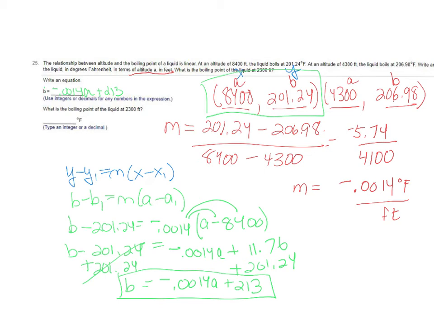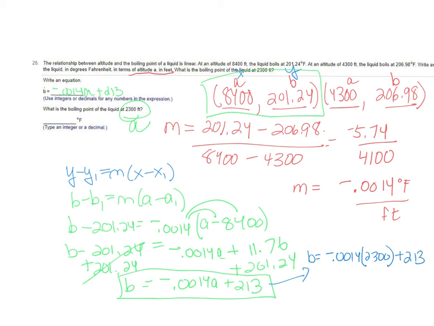And then it says, what is the boiling point of the liquid at 2,300 feet? So it's giving us an altitude. And so what we're going to need to do is to take this equation and in place of the A, the altitude, we're going to need to put in 2,300. So it's going to be B equals a negative 0.0014 times 2,300. And I'm going to add 213.